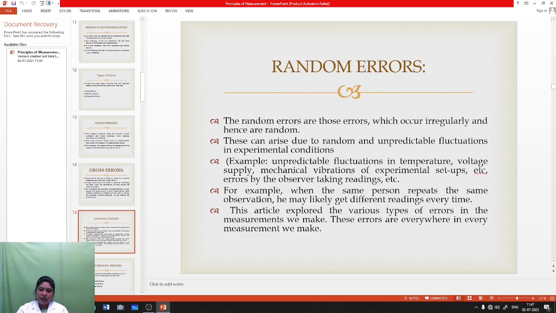Another example: when the same person repeats the same observation, he is likely to get different readings every time. That is a random error.